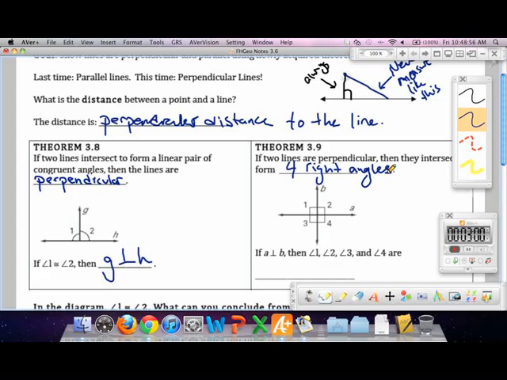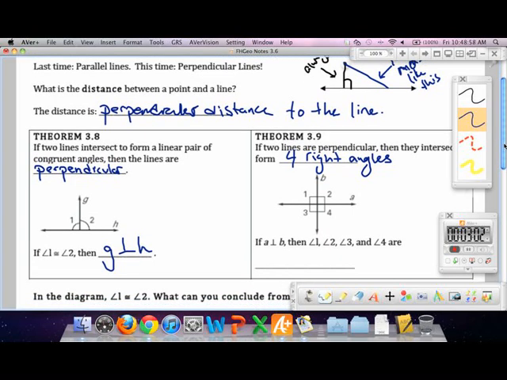Or if we know that A is perpendicular to B, then 1, 2, 3, and 4 are all right angles, or their measures add up to 90 degrees.